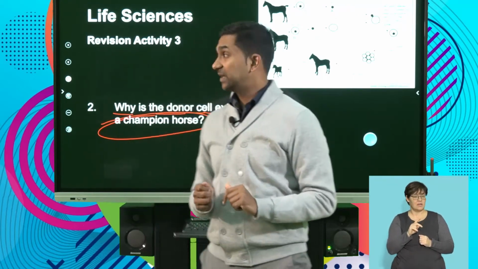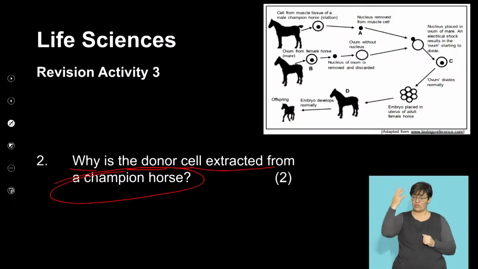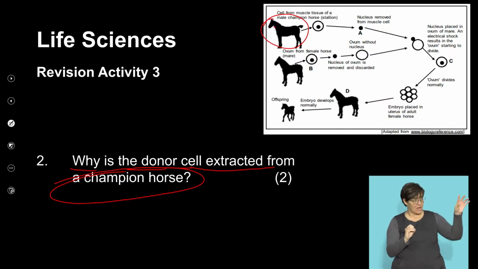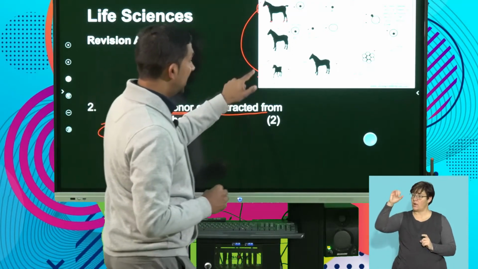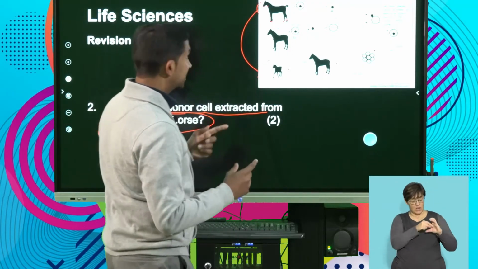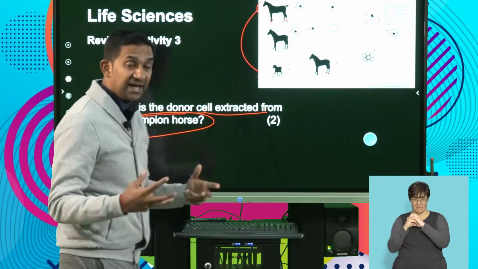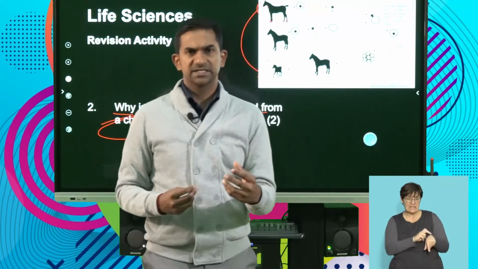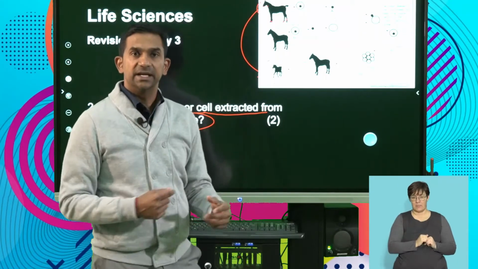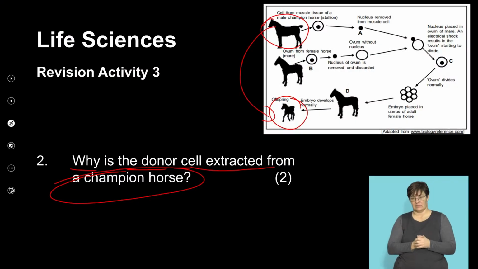Cloning allows us to be able to use a single individual, in this case, and produce an exact identical copy of that with no variation. And that is the key to being able to clone individuals, is that you're able to produce identical copies, in this case of the stallion, having the desired characteristics of performance, muscle, what is needed to become a stallion or a champion horse in it. And so that's the rationale for doing that.